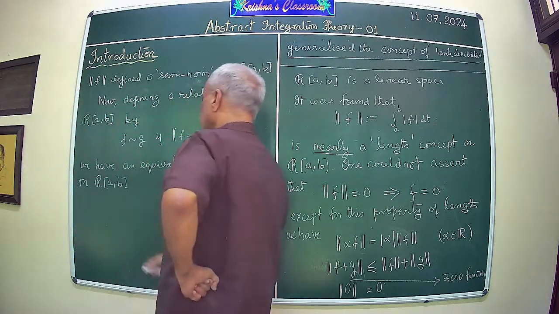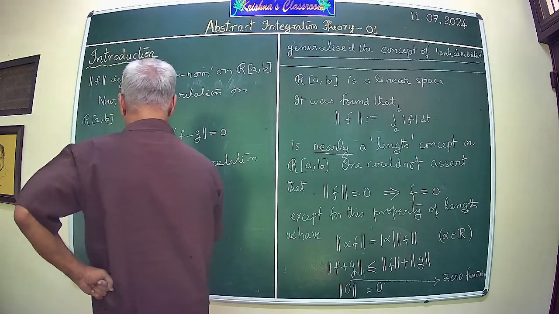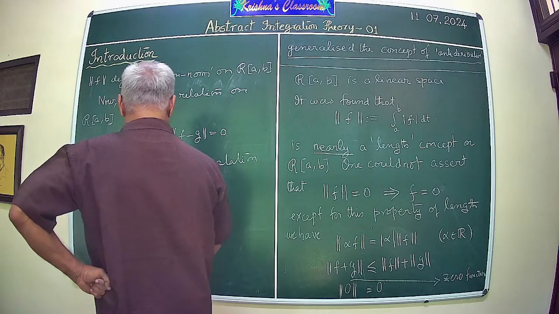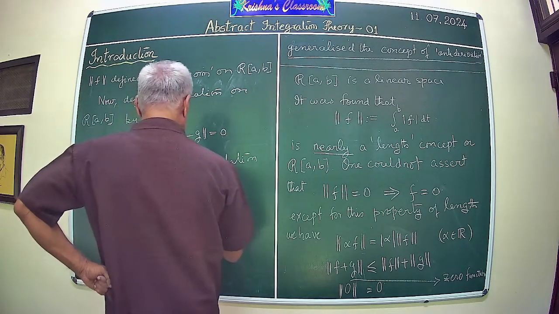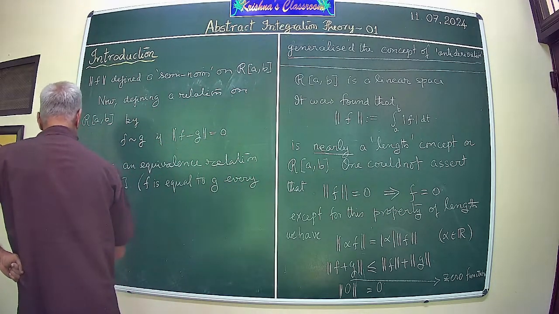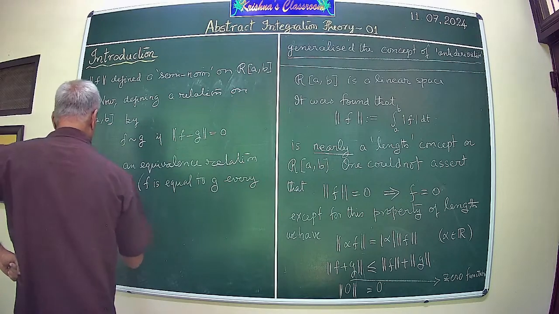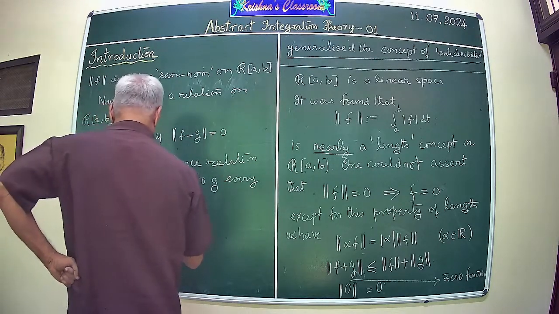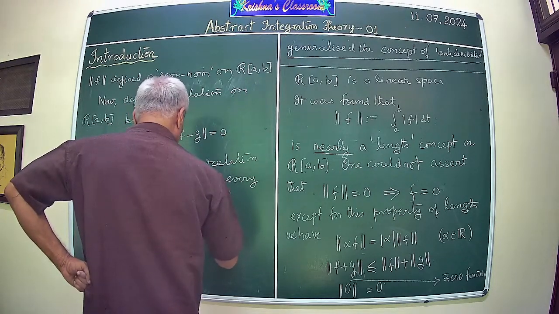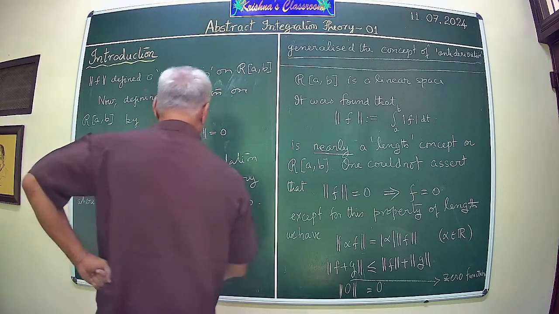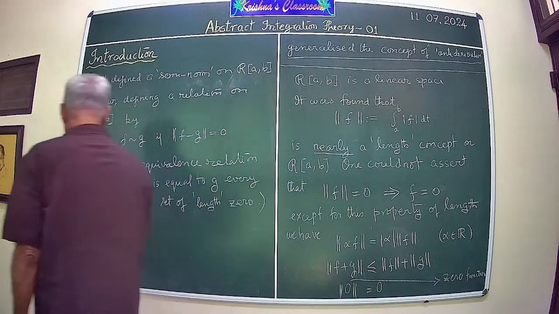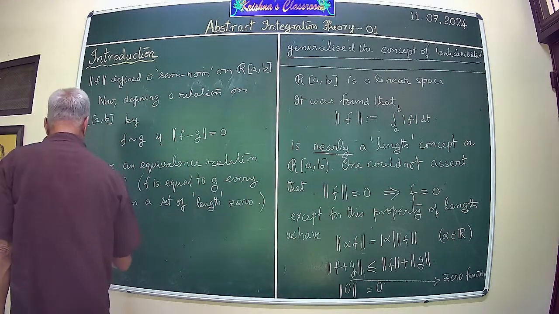Now this means that f is equal to g everywhere except on a set of length zero. Now this is an equivalence.